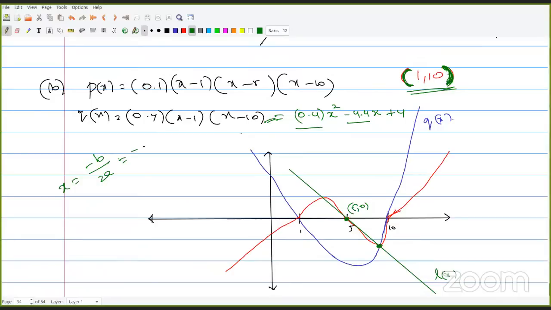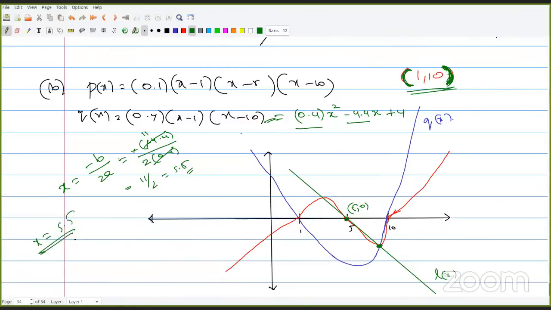You can substitute that: minus of minus 4.4 divided by 2 times 0.4. Minus and minus will get cancelled. It will be 11 by 2, which is 5.5. So the axis of symmetry is 5.5.